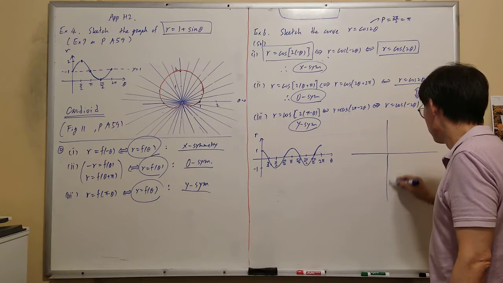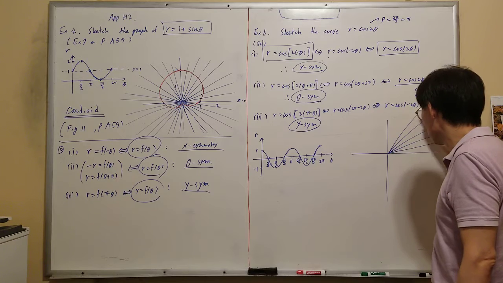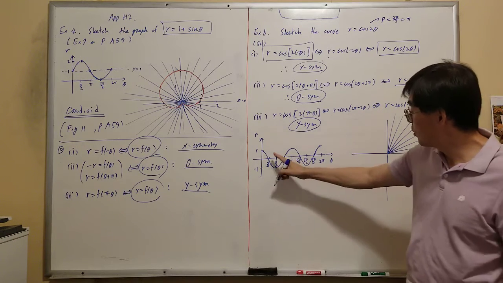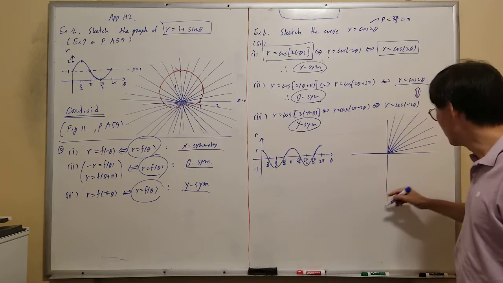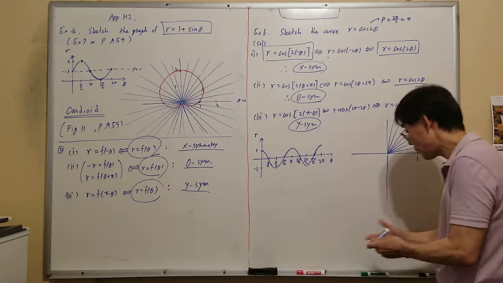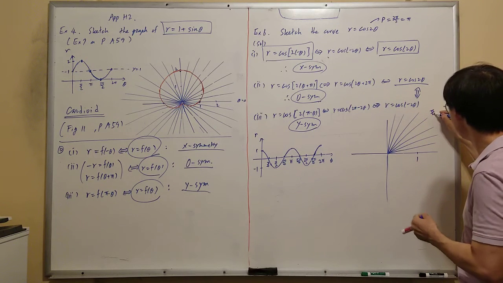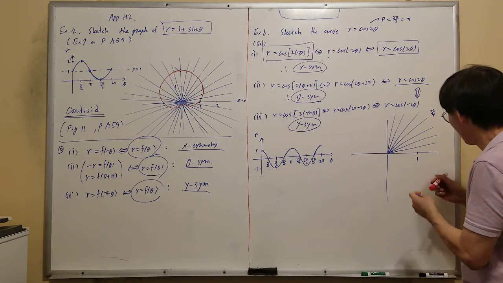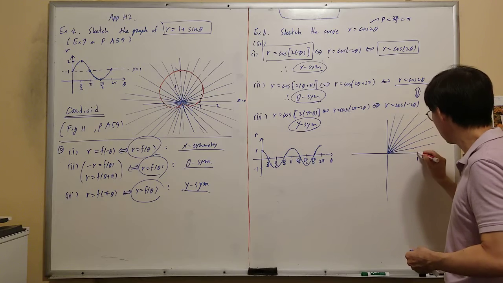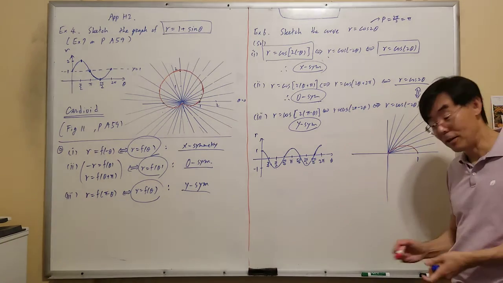So, as theta increases, let's see what happens. From 0 to pi over 4, starting from 1 and getting shorter and shorter down to 0. Something like this, right?